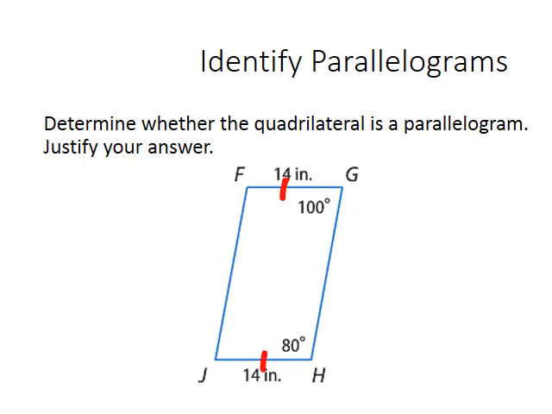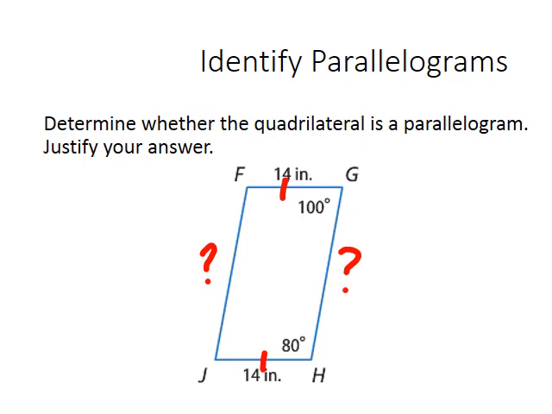So there's one pair of opposite sides that are congruent. If the other pair of opposite sides is congruent, then we can say it's a parallelogram. But we don't have enough information to prove that, so we can't go with that route.